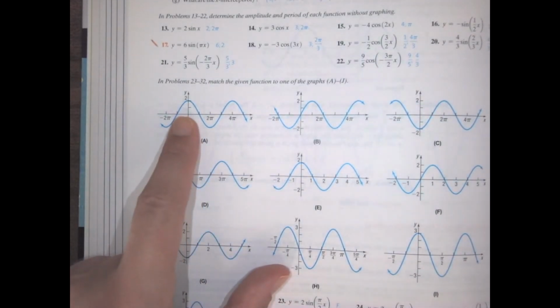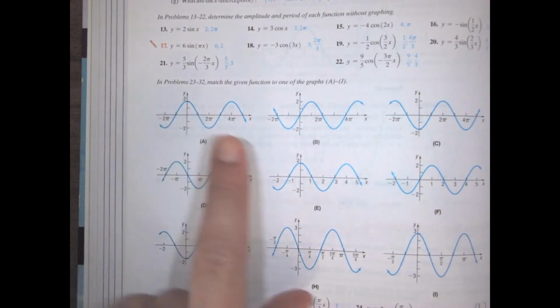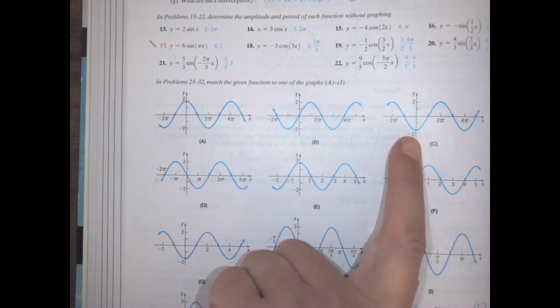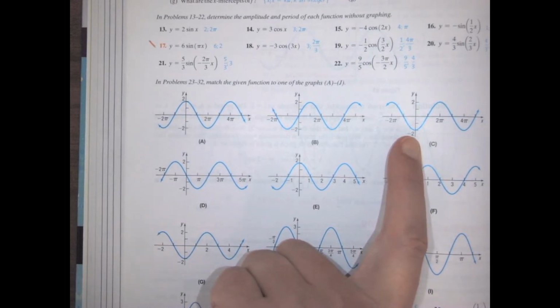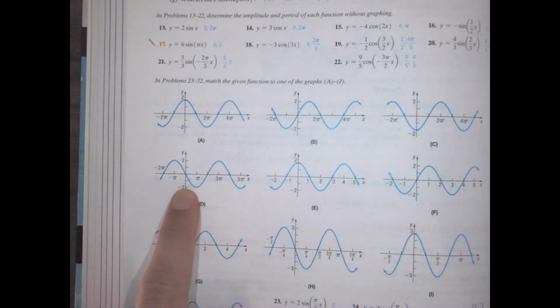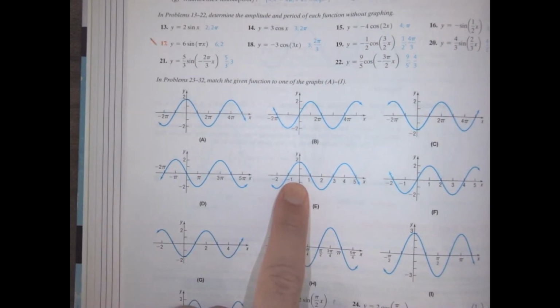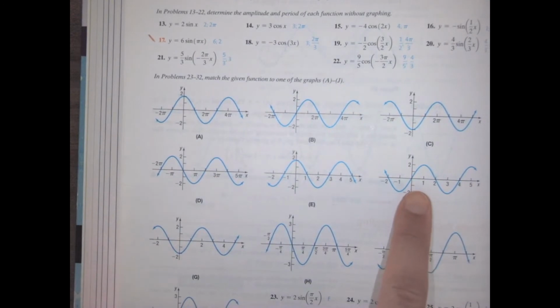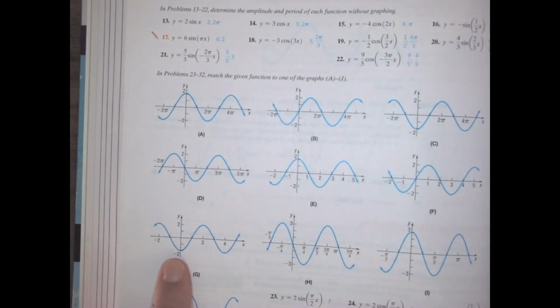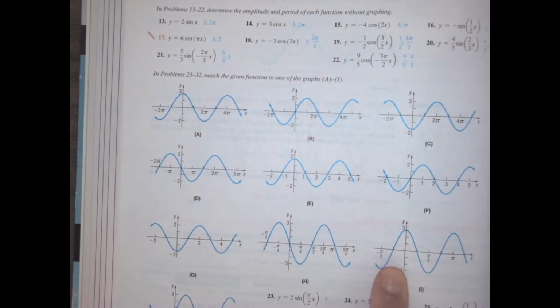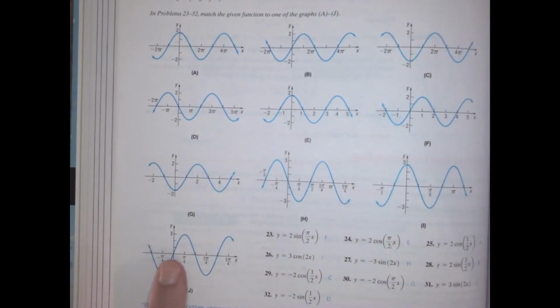So here we're starting at the maximum. That means positive cosine. Here, we're starting at the midline, going up. That means positive sine. Here, we're starting at the minimum. That means negative cosine. Here, we are starting at the midline going down. That means negative sine. Here, starts at the maximum, positive cosine, positive sine, negative cosine, negative sine, positive cosine, and positive sine.